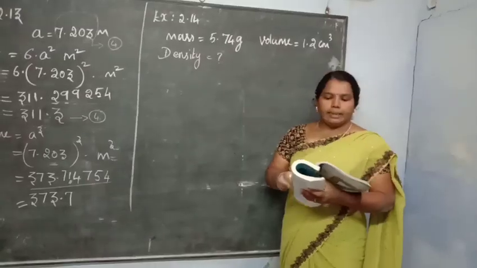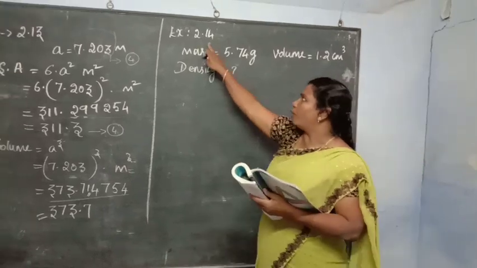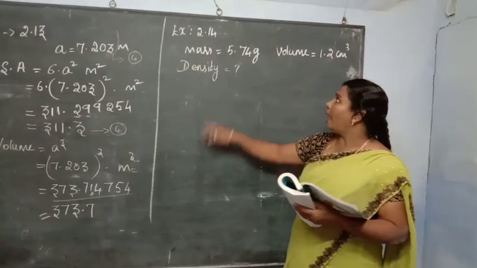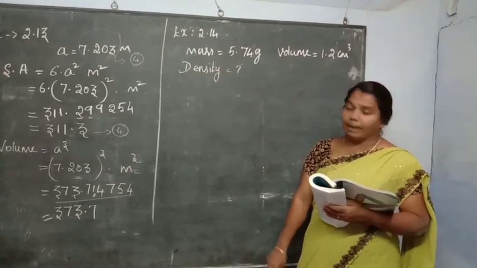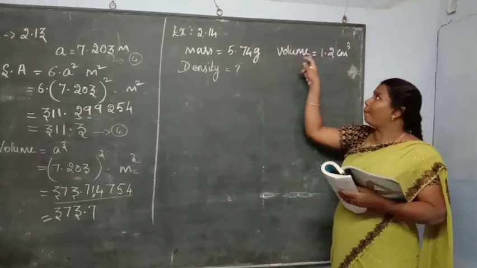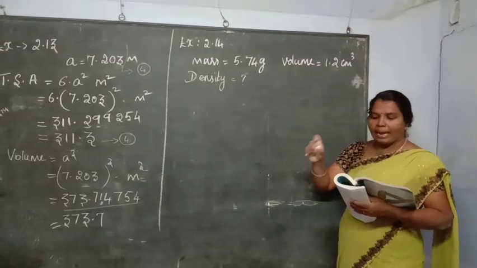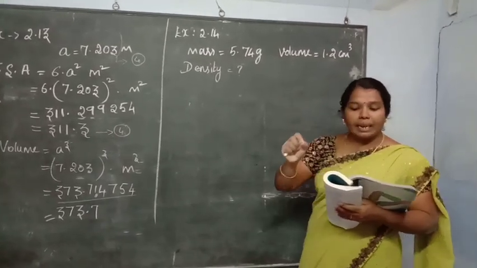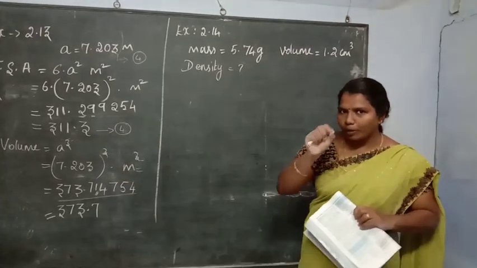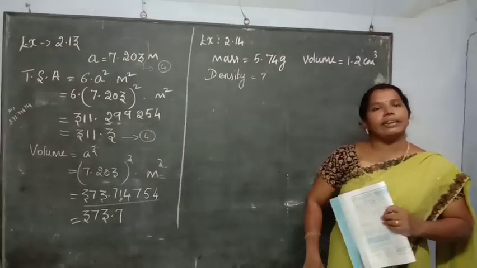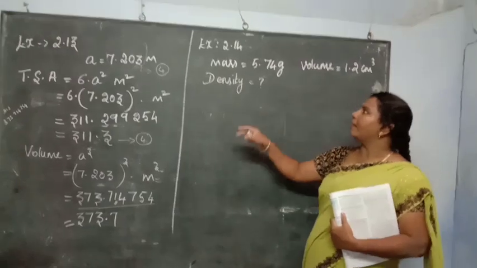Okay. The next example is 2.14. What is the 2.14? Here they have given the mass value as 5.74 gram of a substance that occupies 1.2 centimeter cube, and express its density by keeping the significant figures in view. So the final answer should be in the form of significant digits. Okay. See what they are giving.